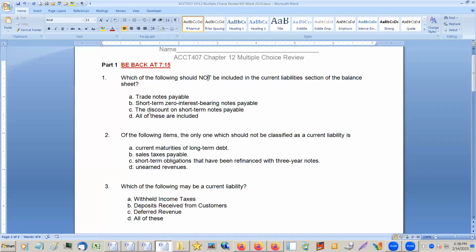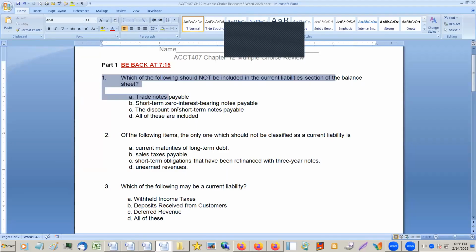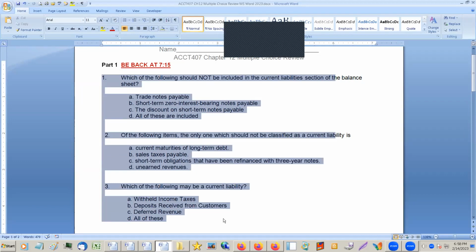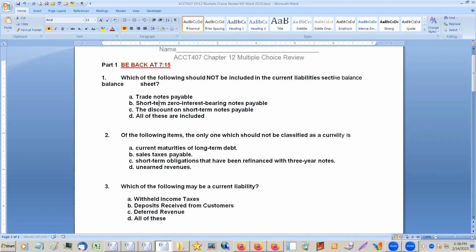So don't worry about not wanting to answer because you don't know if it's right. When I go over it with the class, it will show everyone who answered, and I'll know that, and that's how I give the extra credit points. So if you don't answer anything, you don't get extra credit points. But if you do answer it, then you're in with a group. Okay, so be back at 7:15, and come back a little earlier to see if you can work on these and see what you can come up with.